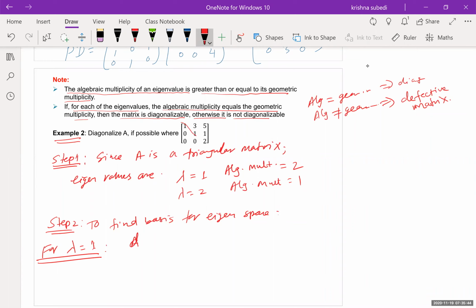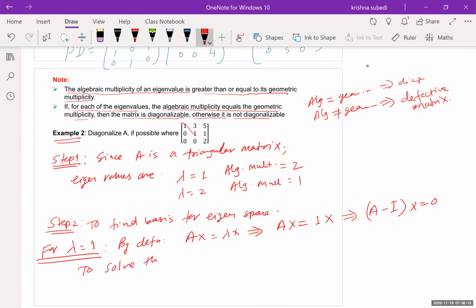By definition, Ax equals lambda x. This gives me Ax equals 1x, which gives me (A minus I)x equal to 0.